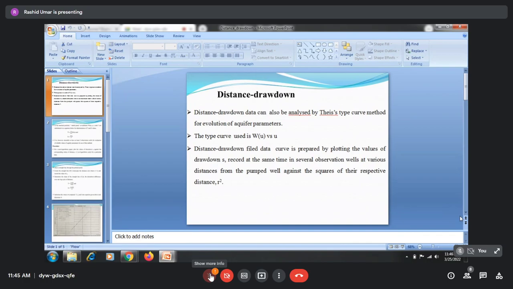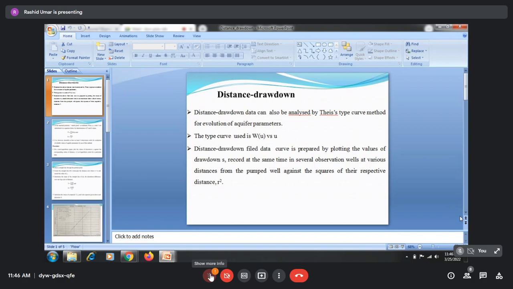24 hours, 1440 minutes, what was the drawdown? That we consider for all the wells. So here we are considering the distance of the wells and the final drawdown which is caused because of pumping in the observation wells.